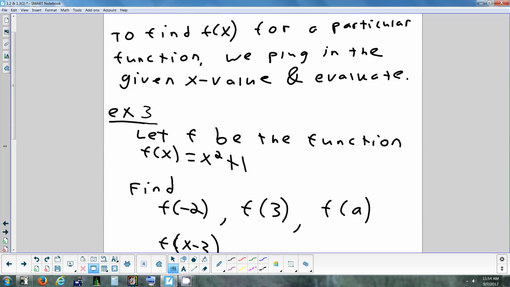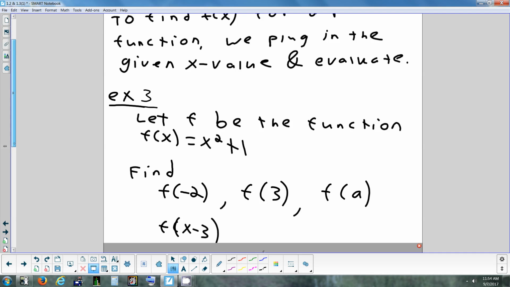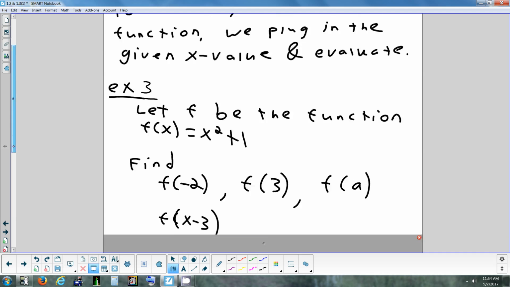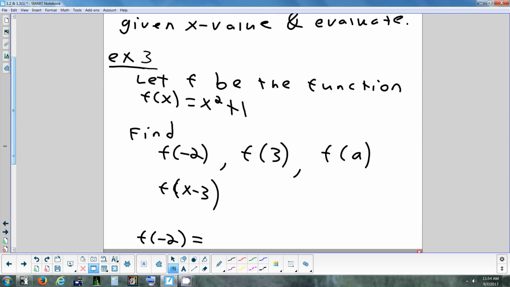I'm not going to do all 4 of these. Let's do f of 3. So if they want me to find f of 3, what number am I going to plug in for x? 3. Yeah. So I'm just going to change this to f of 3.